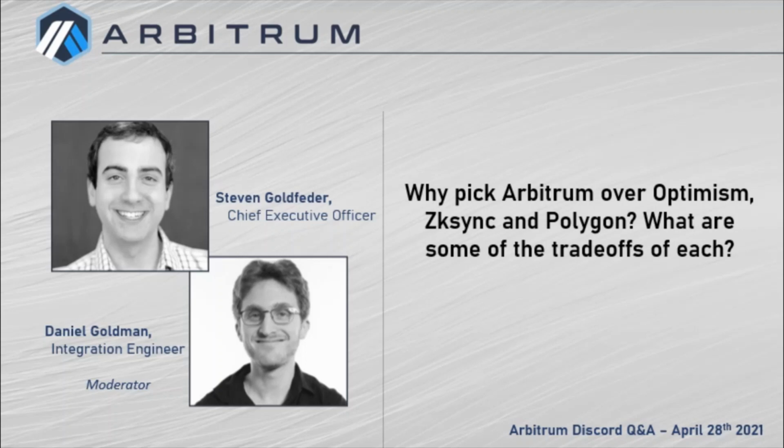You can get some smart contract functionality, but it is not generalized smart contracts. I think we can say that much. But I won't say any more than that. So that's how Arbitrum compares to what Polygon is currently offering.